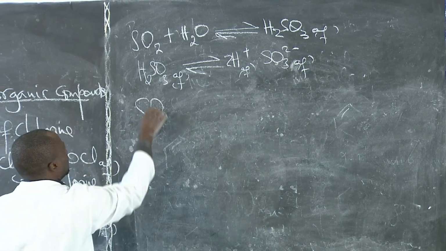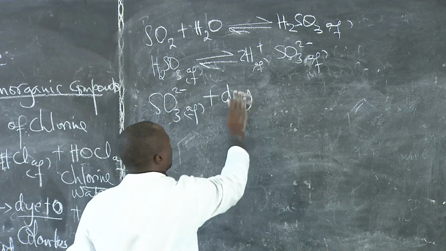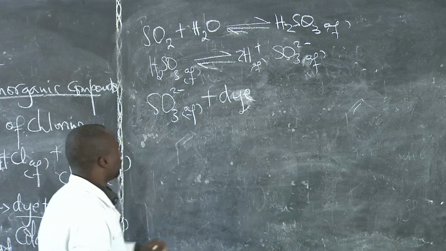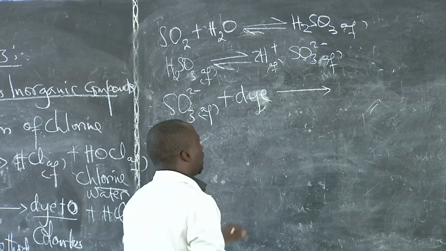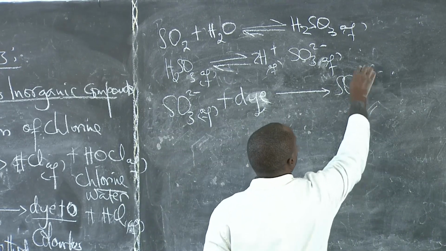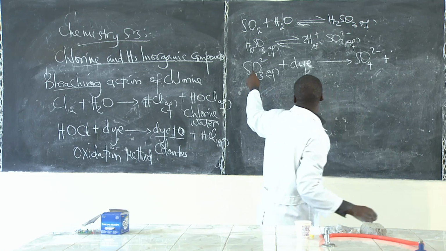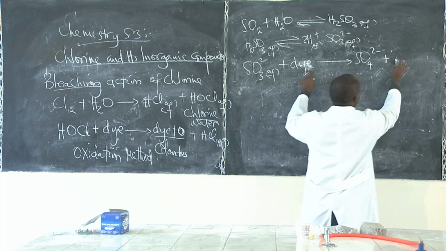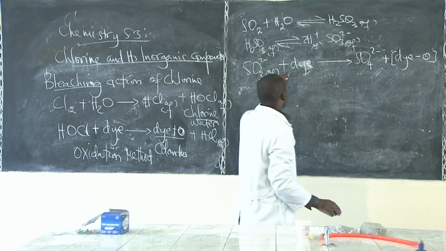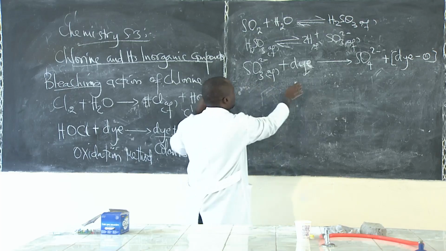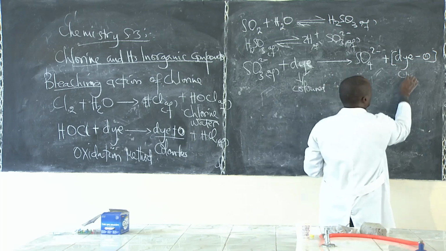So we have the sulfite ions, which will combine with the dye. The dye is spelled D-Y-E. Let us see what happens. The dye is colored as usual, and the product is colorless.